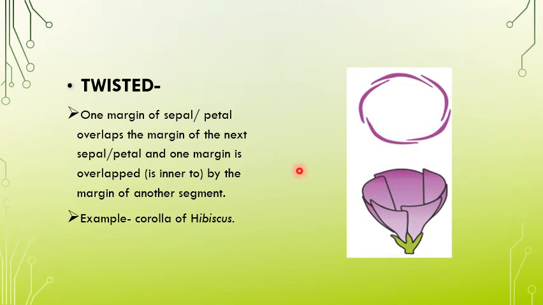So that is called twisted. This is very common in hibiscus, that is China rose. The petals are twisted, one in and one out.